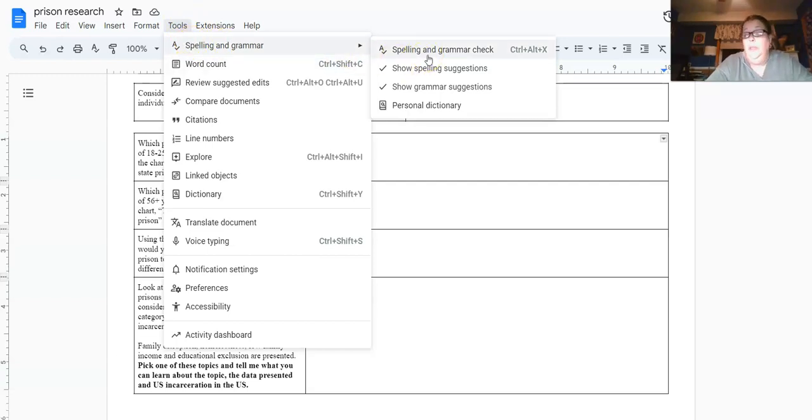It will tell you what is misspelled. Again, I cannot stress enough, take your time, do this correctly. And if there are things that are underlined in red, I will not grade them, because that is a simple task to make sure the information you are providing me is junior, senior level. And that means you have spell checked and made corrections.